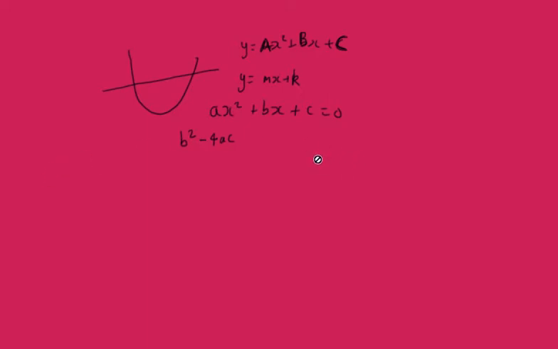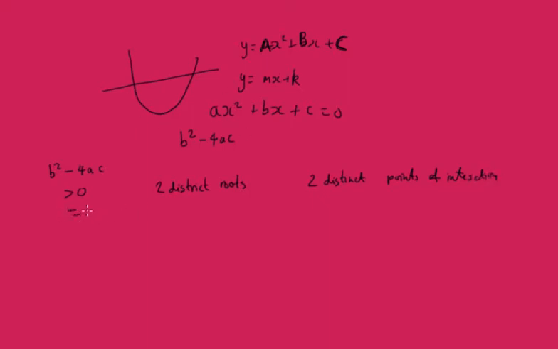And we had the situation where if b squared minus 4ac was greater than 0, then we had two distinct roots, and so this was two distinct points of intersection, like what we've got here.